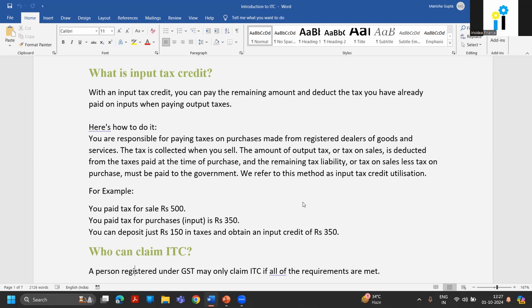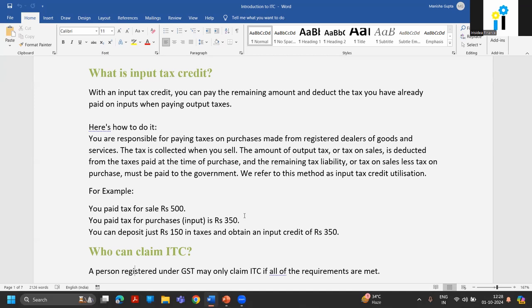So output tax is 180 and input tax is 90. Output tax minus input tax is 90 rupees, which you need to deposit to the GST government. That 90 rupees of input tax is your input tax credit, which you have taken as a credit against your output tax.